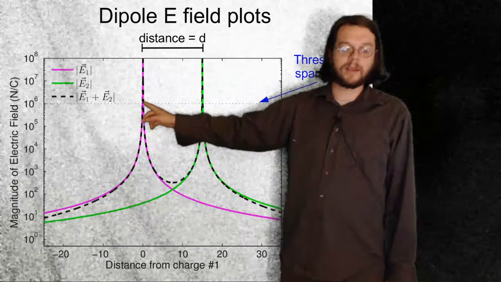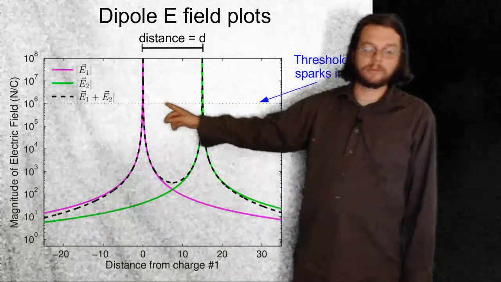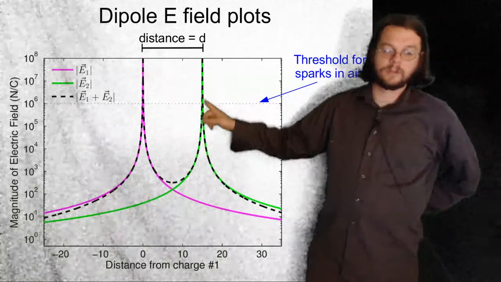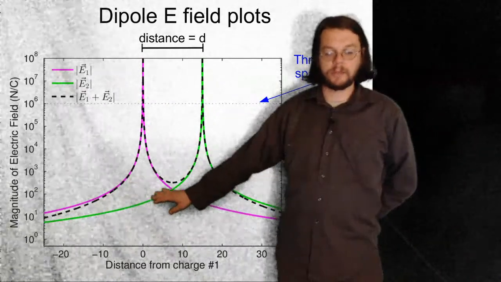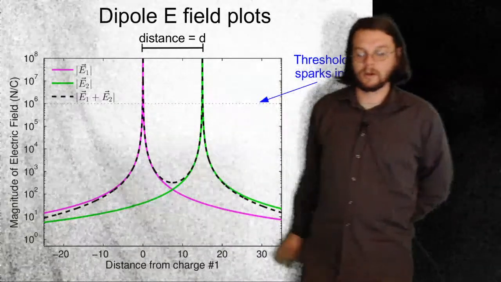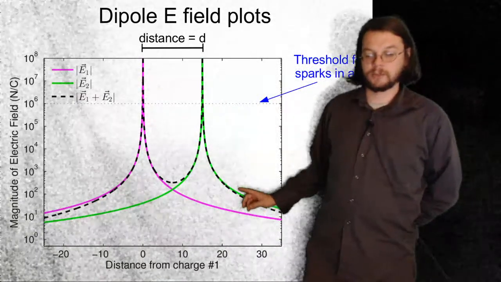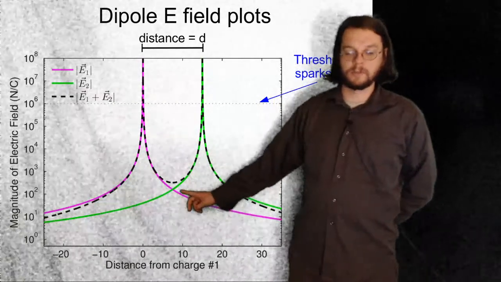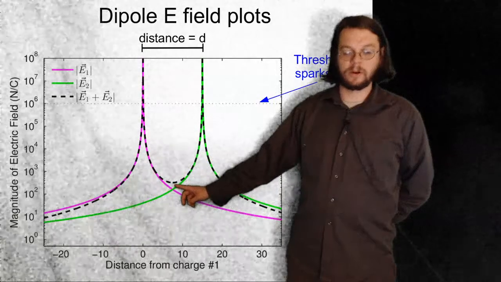The problem is that it might not be able to ionize all the way from this charge to this charge, right? So in this case, if this dashed line is the total electric field, these purple and green lines are the electric field for just this charge and just that charge. But if you add them together, they add together and get a little bit stronger out here.